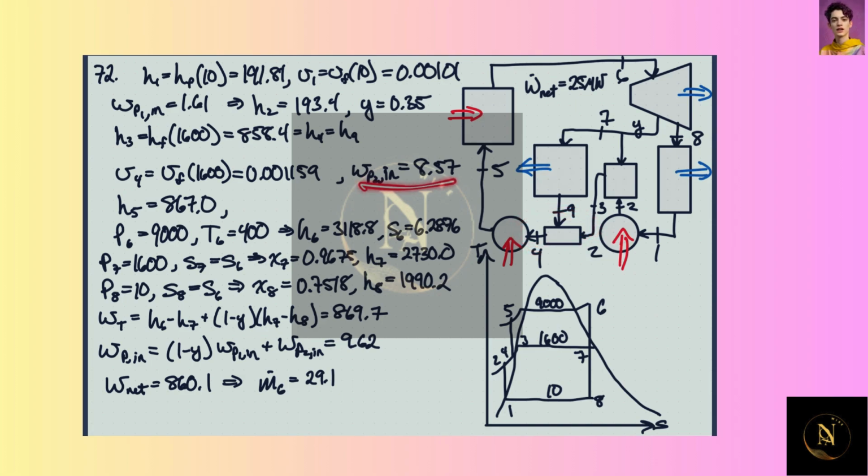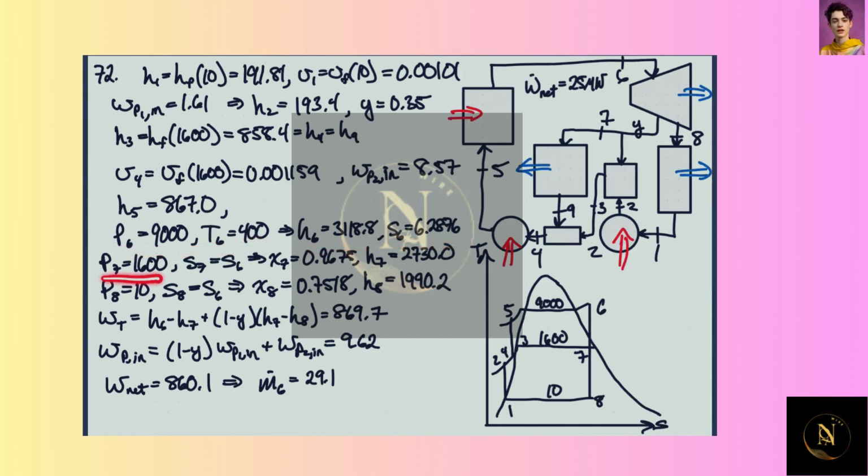So we can find the specific work into this pump because we know the specific volume and the pressure difference. Then we can find the enthalpy coming out of the pump, which is H4 plus this. Now we know pressure and temperature at 6, so we can get enthalpy and entropy.